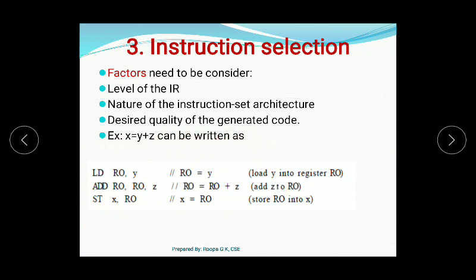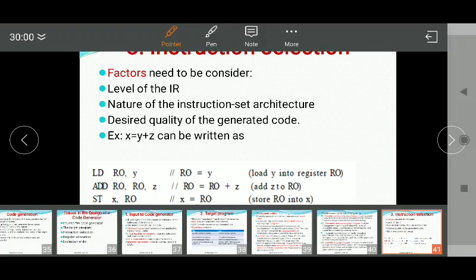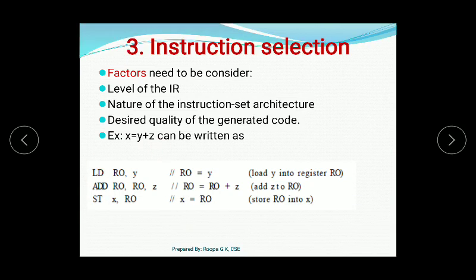This is the comment. First, we will consider a three address instruction or two address instruction like this. First LD, to load register R0 with the contents of y. Now R0 contains y. Now each and every operation takes place in the accumulator, isn't it?